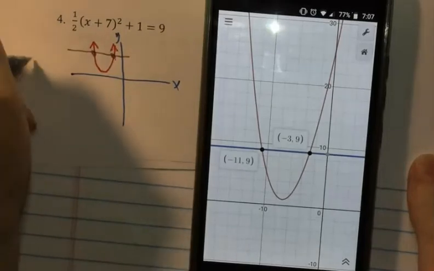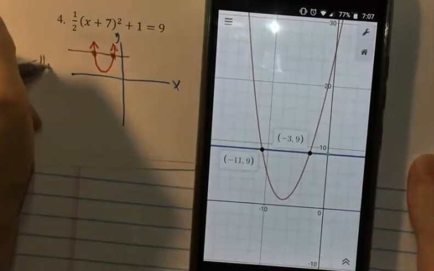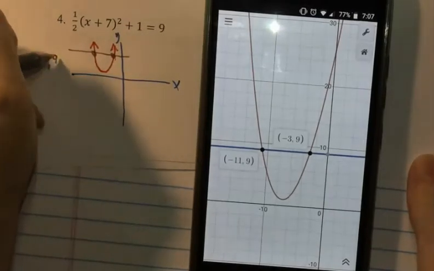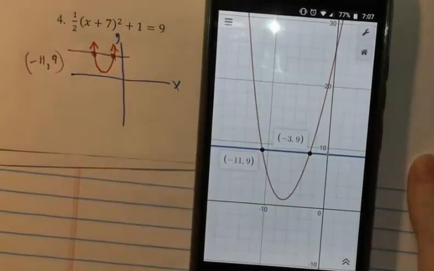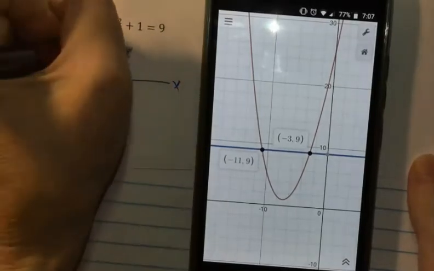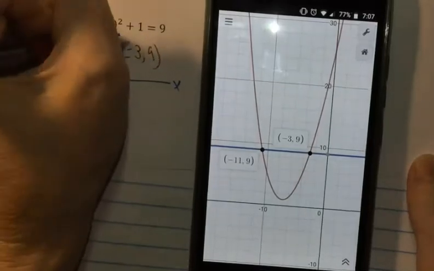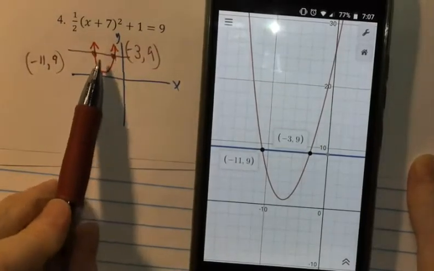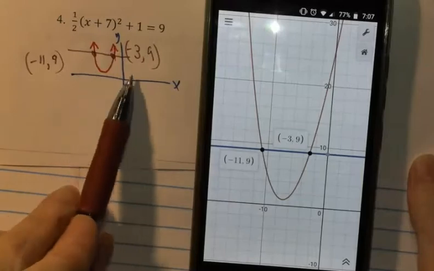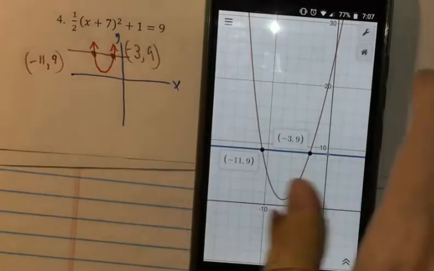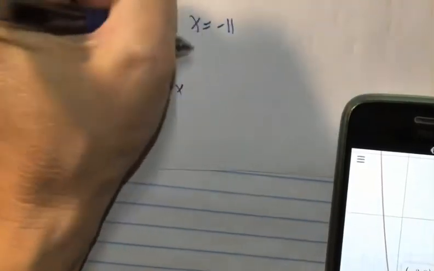So one was -11, 9, and the other one was -3, 9. And that's this one. So now my solutions are x equals -11 and x equals -3. So let's write that down. X equals -11, x equals -3.